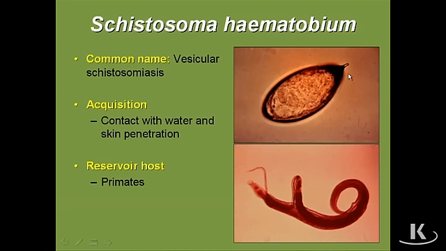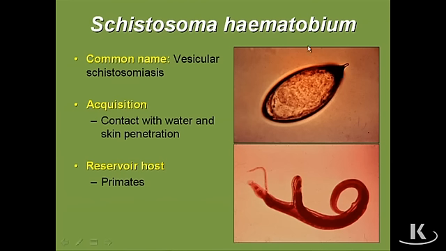Now we're going to look at the vesicular schistosomes and talk about Schistosoma haematobium. Now the egg is unique, just like with Schistosoma mansoni, so you should be able to identify the egg. The egg has a terminal spine.